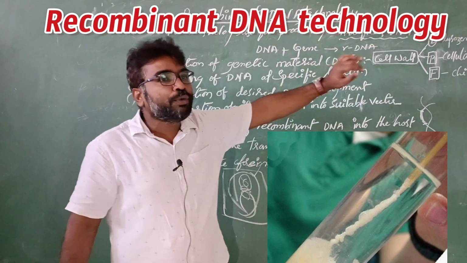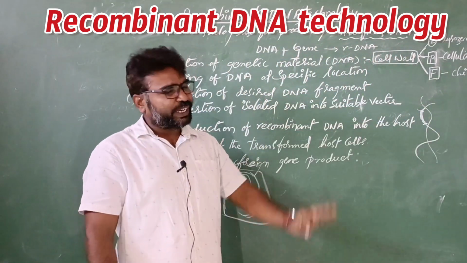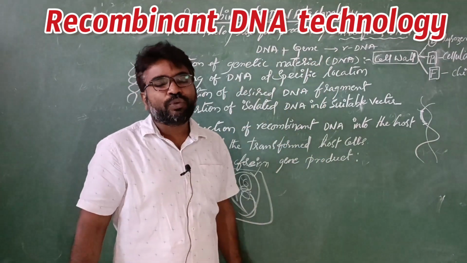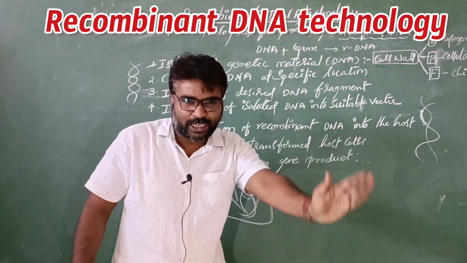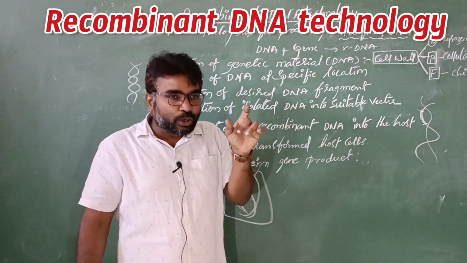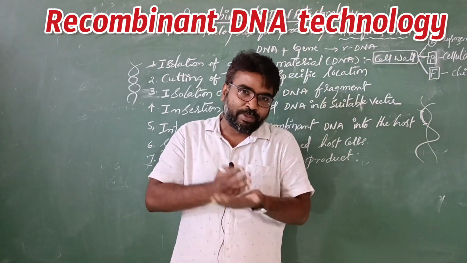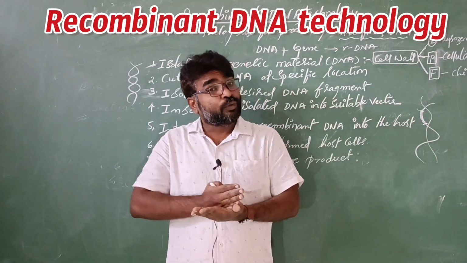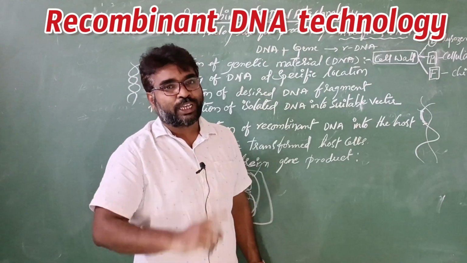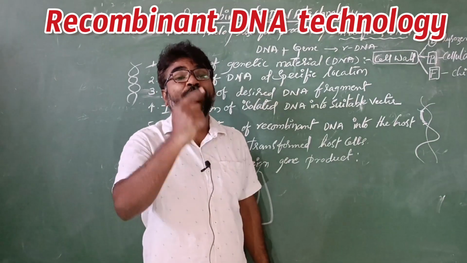For example, we have to break down the cell wall. If it is a plant cell, we are using some enzymes to break down the cell membrane. We cannot see the cell membrane with our naked eye, but we are using some enzymes to break it down.